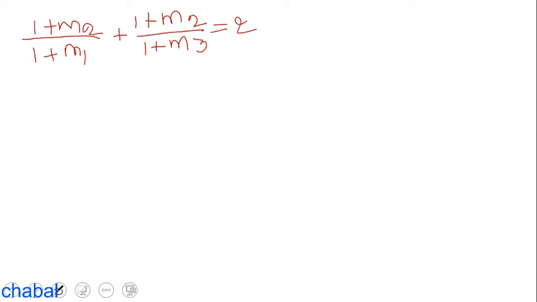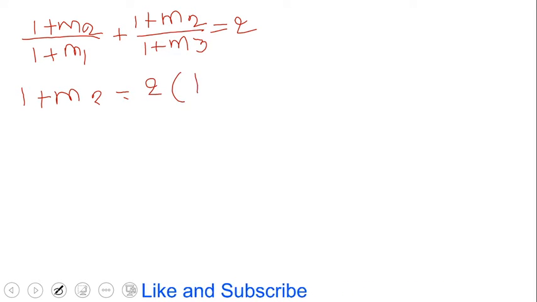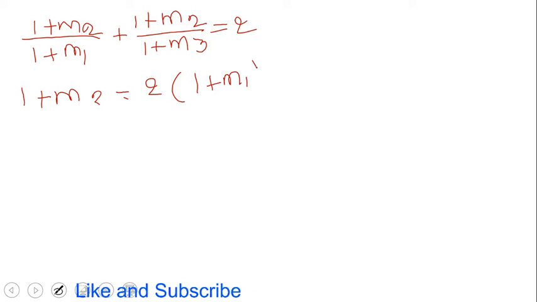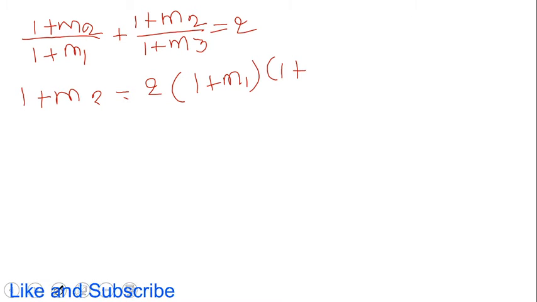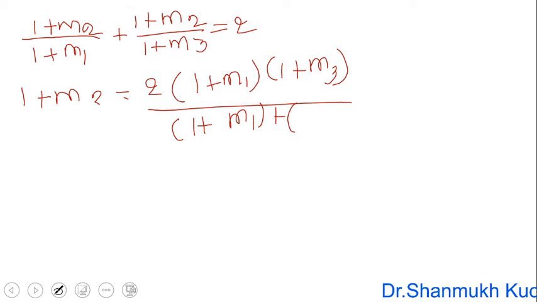Then further we will write a solution for 1 + m2. So the 1 + m2 solution is 2 times (1 + m1)(1 + m3) divided by (1 + m1) + (1 + m3).